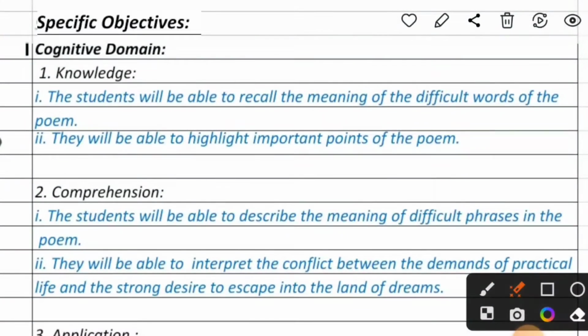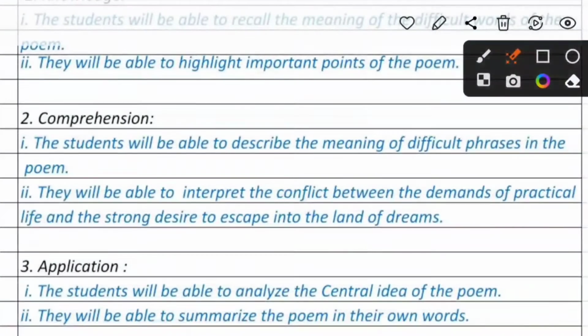Now, after writing general aims, we'll write specific objectives for all the three domains. That is, cognitive domain, affective domain and psychomotor domain. In cognitive domain, we'll write 2 objectives for knowledge level, 2 for comprehension level and 2 objectives for the application level, like this.